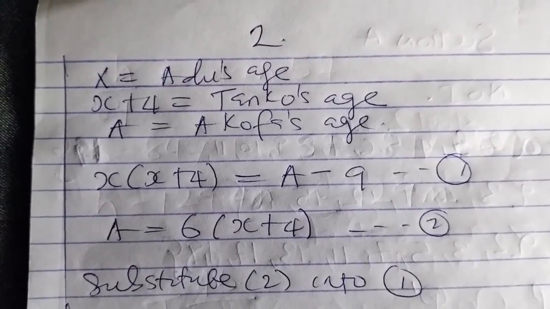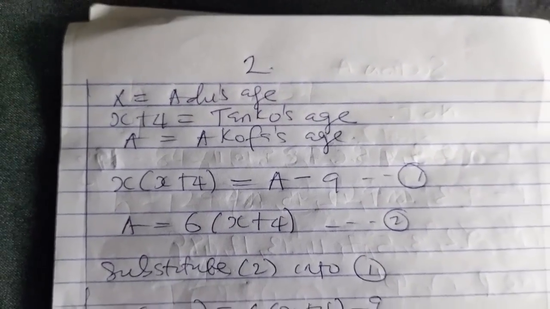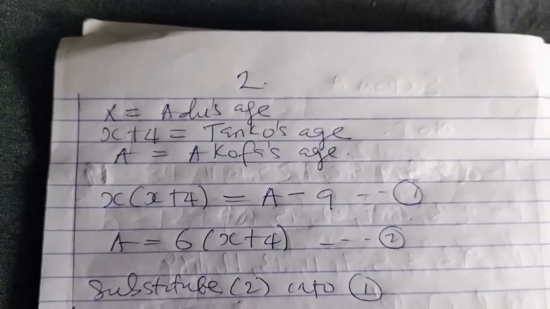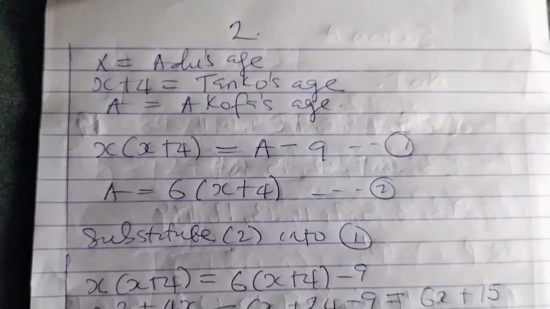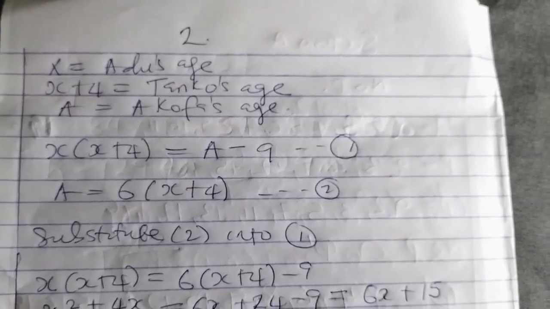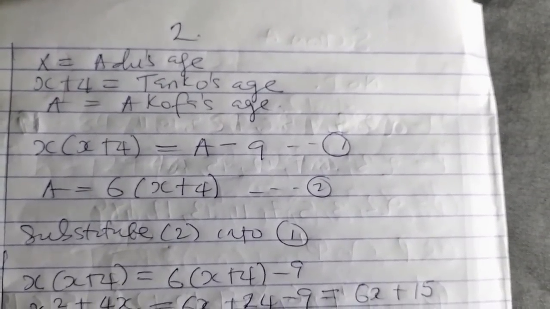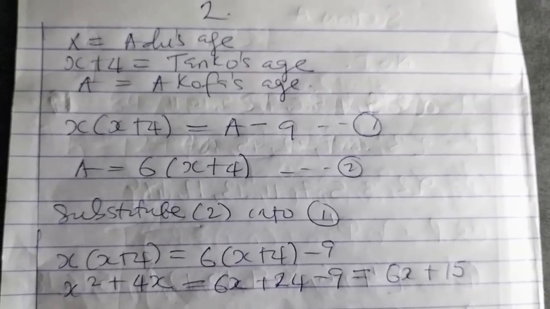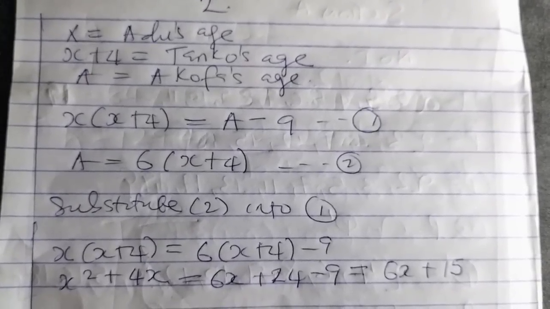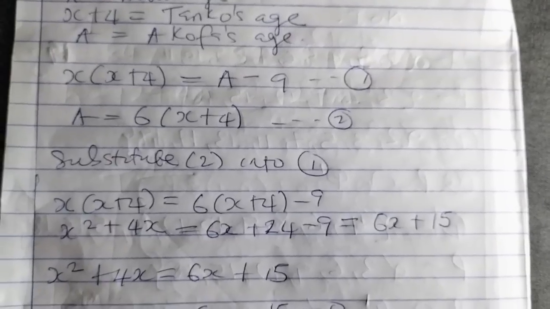Let S be Audu's age. S plus 4 will now become Tanko's age. Let A be Akofa's age. So S times S plus 4 gives us A minus 9, equation 1. A becomes equal to 6 times bracket S plus 4, equation 2.